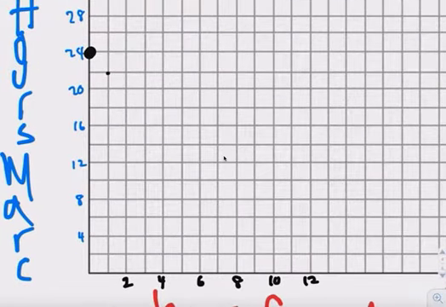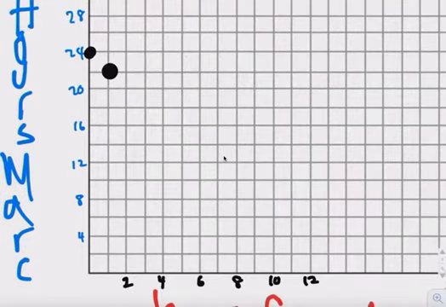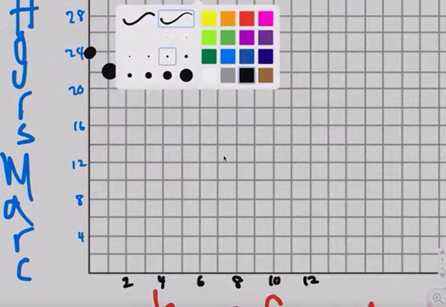Down 2, right 1. Down 2, right 1 is over here. It's too big.